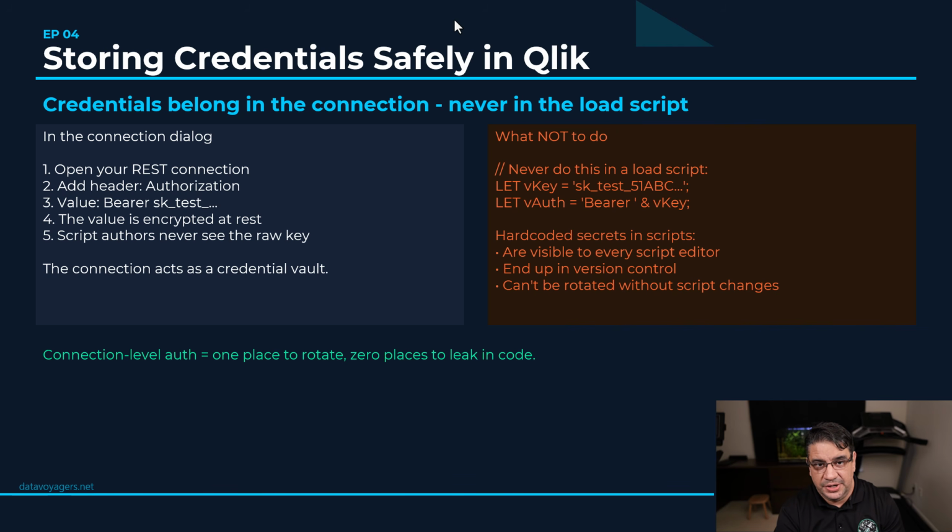Sometimes you cannot avoid that, but in most cases there are ways to store that. So avoid hard coding your tokens in the load script. Do not use trace to display the token that you captured. Try to keep it as secure as possible. Don't spread your token everywhere.